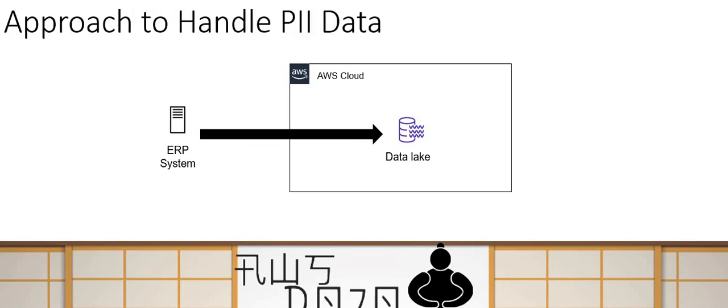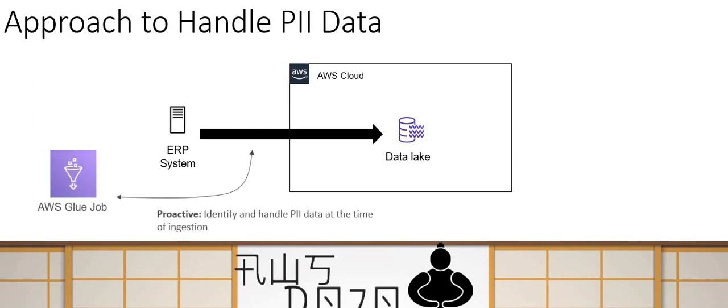Now, how do we approach handling this PII data? There are two approaches. One is a proactive approach. The proactive approach says that when you are trying to ingest the PII data into the data platform, you simply identify and handle the data at that point of time.